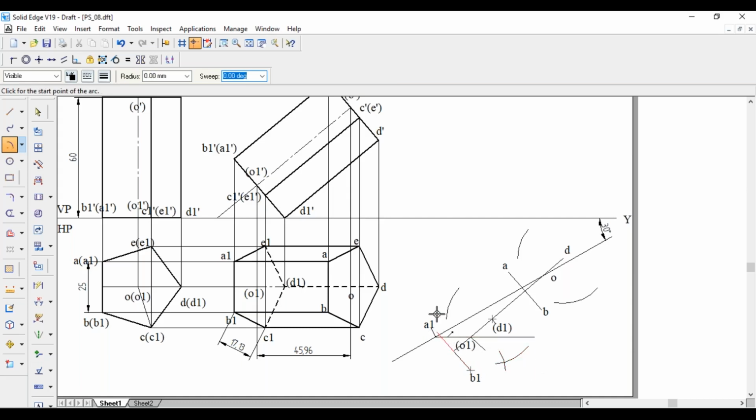Similarly, A1 as center, the same 17.13 mm as radius, draw an arc. Next, B as center, 17.13 mm as radius, draw an arc. Next, A as center, 17.13 mm as radius, draw another arc. So we will get the remaining four corners.